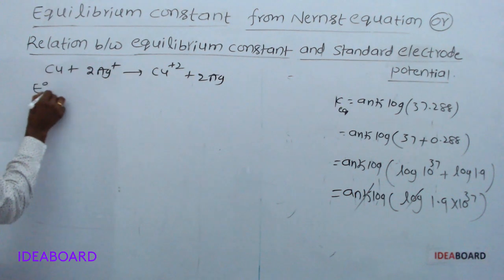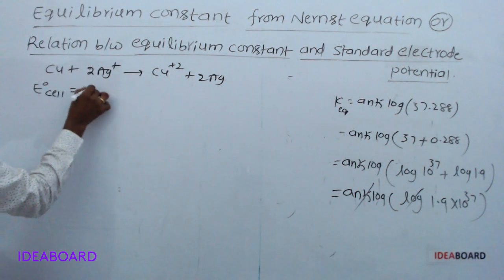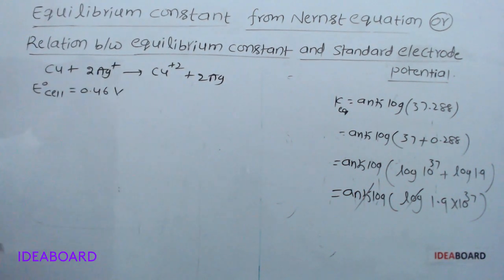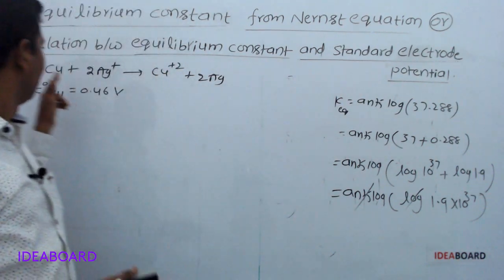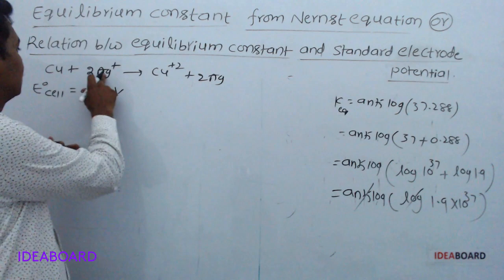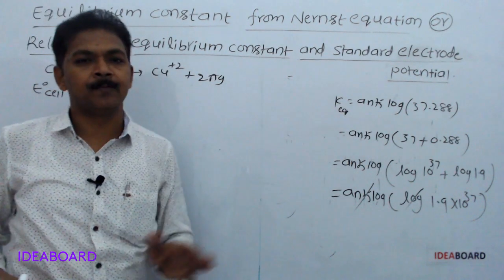E naught cell value is given as 0.46 volts.